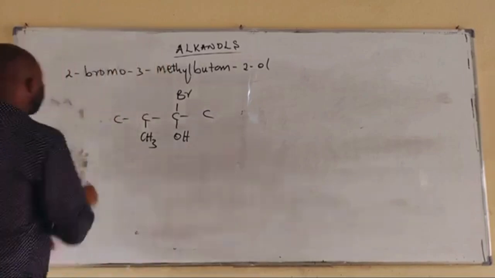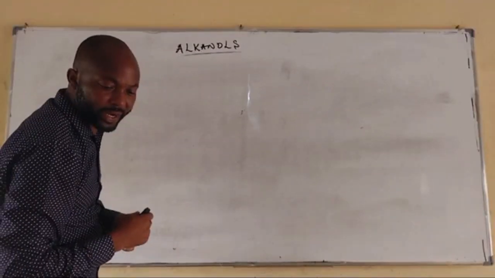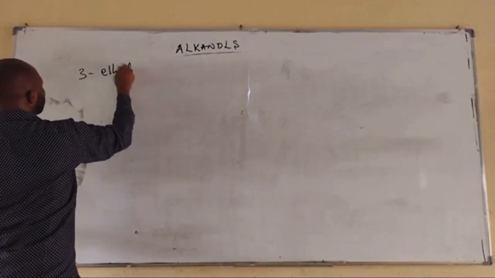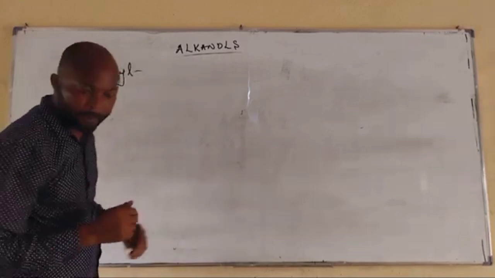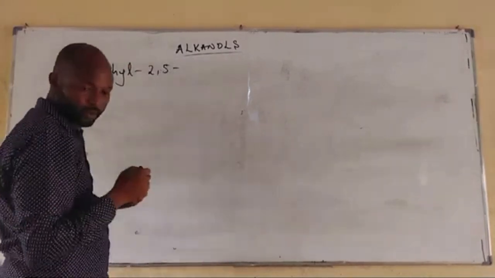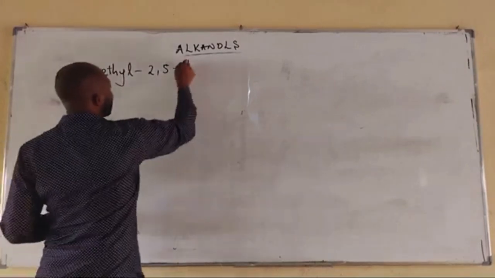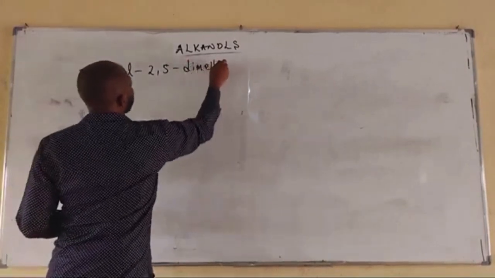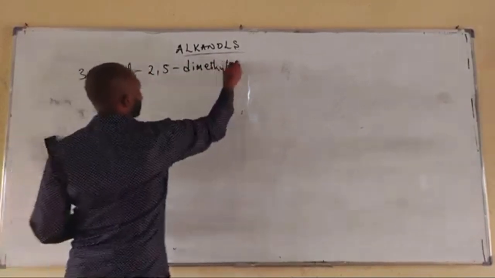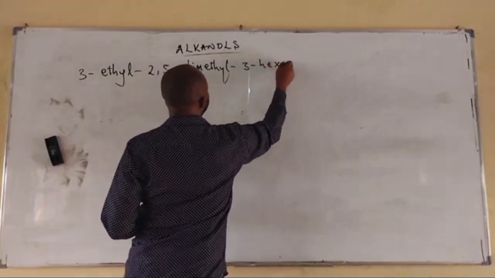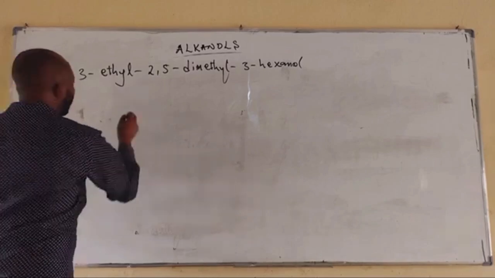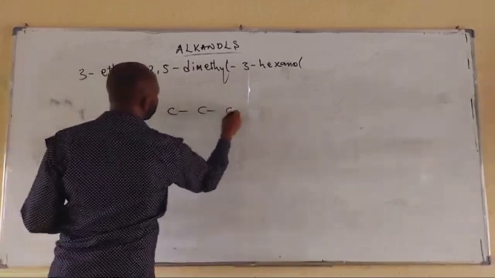Now the next one is this. 3-ethyl, 2,5-dimethyl, 3-hexanol. Okay, hexanol is 6 carbons. 1, 2, 3, 4, 5, 6.